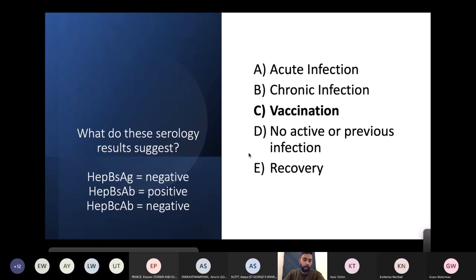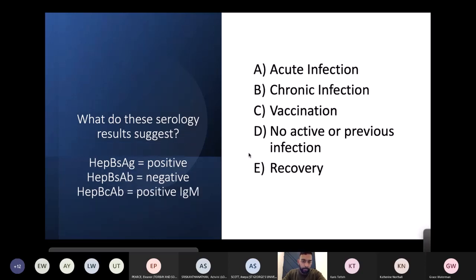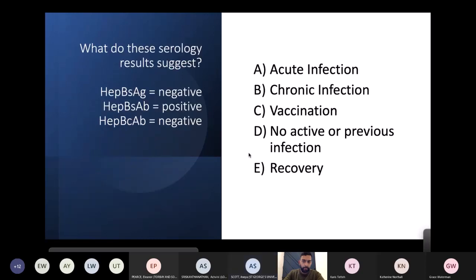If anyone's unsure about anything, please feel free to put in the chat and just ask. I think we only had 2 people answer the last one, so they just need a bit more time, probably.